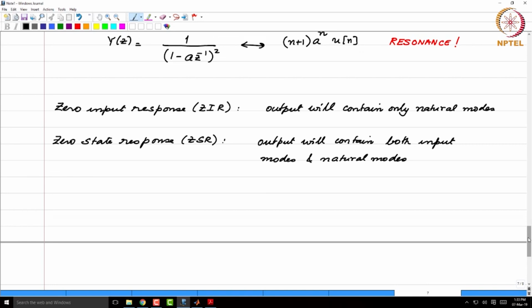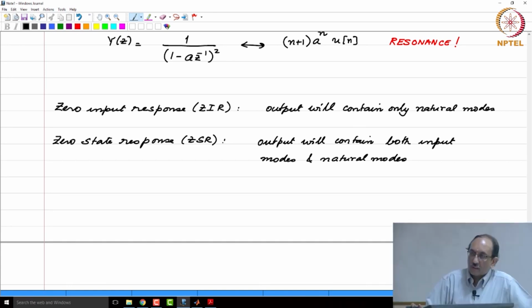Now, when you are trying to solve differential equations in continuous time case, the standard approach is to consider the homogeneous equation, get a solution, and then you will evaluate the complementary function. The same approach also holds for linear constant coefficient difference equations.